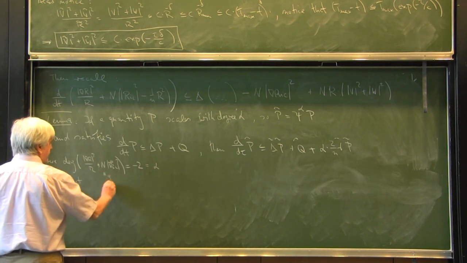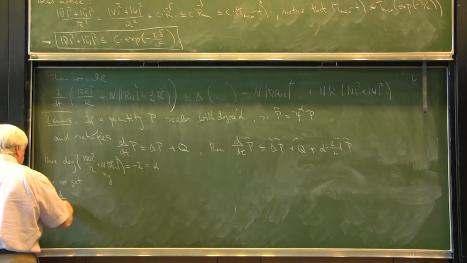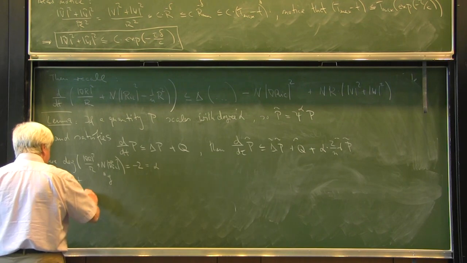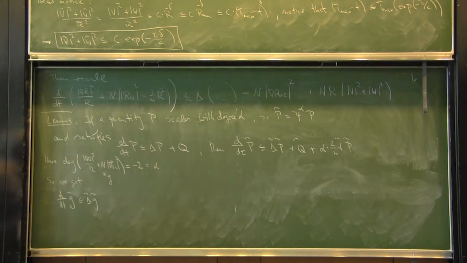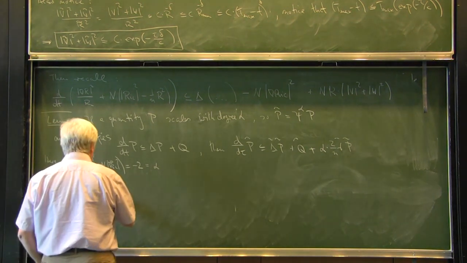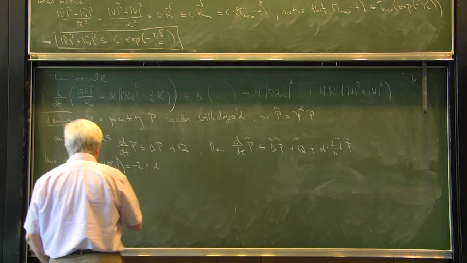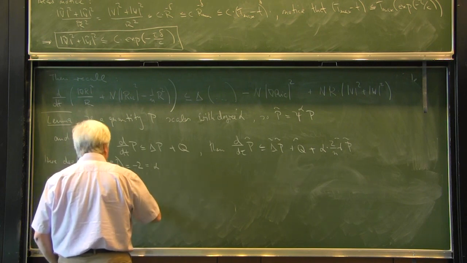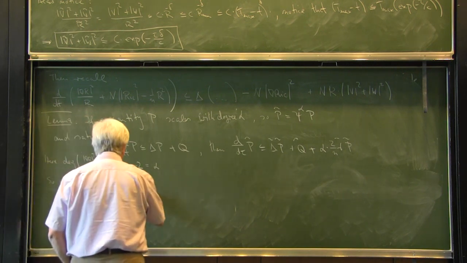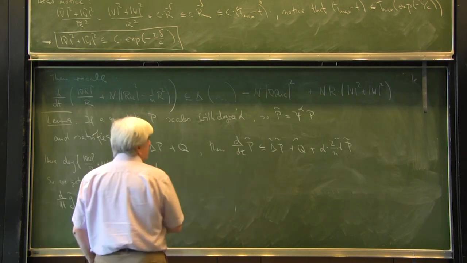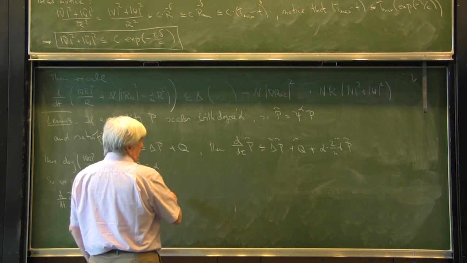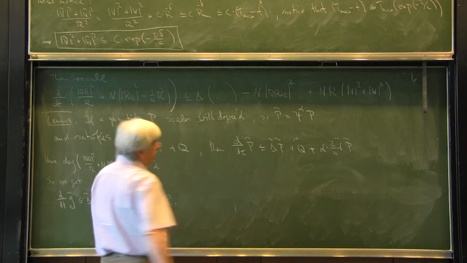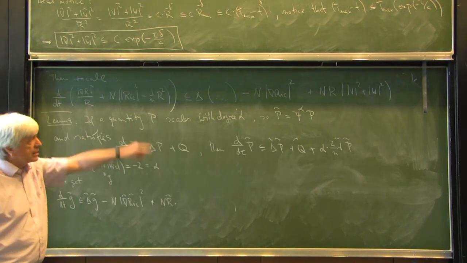Call this quantity g, so we get d/d tau of g tilde is less than Laplacian tilde of g tilde minus n times gradient of Ricci tilde squared plus n times r tilde times v tilde squared plus w tilde squared.